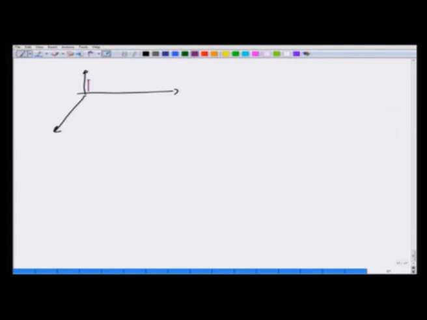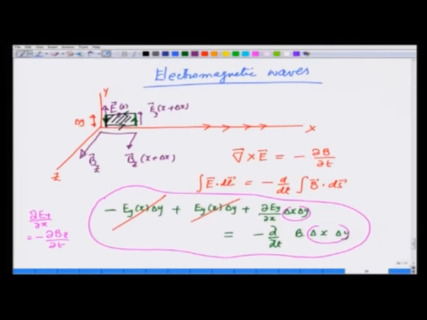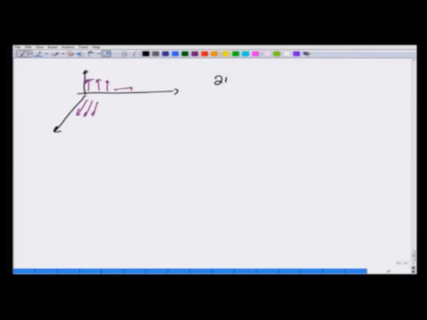We have taken E going this way and B going this way, wave traveling to the right. We will again see how it travels to the right, and I get partial E y over partial x equal to minus partial B z over partial t. That is one equation.